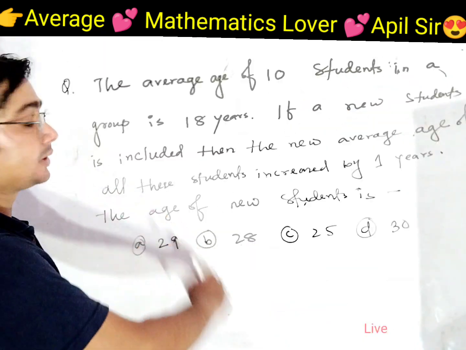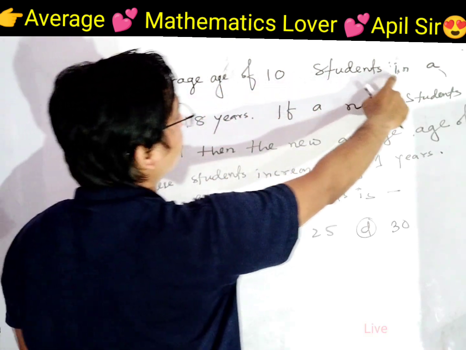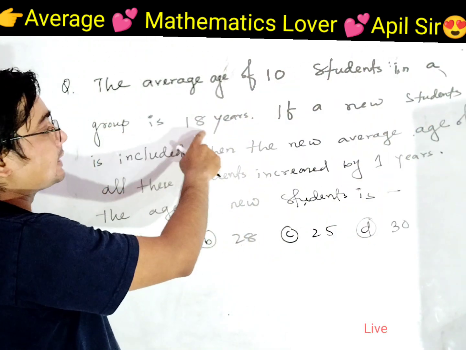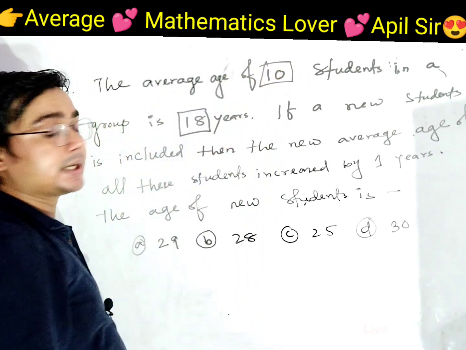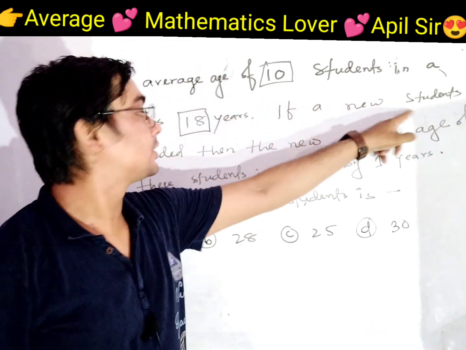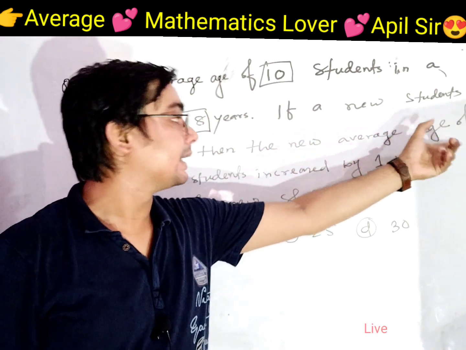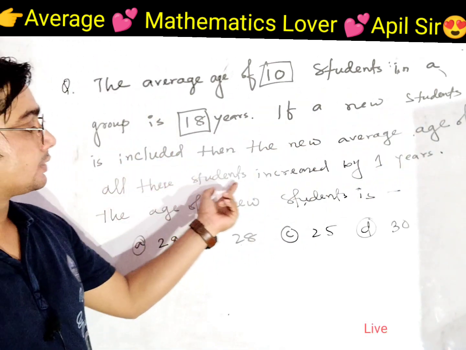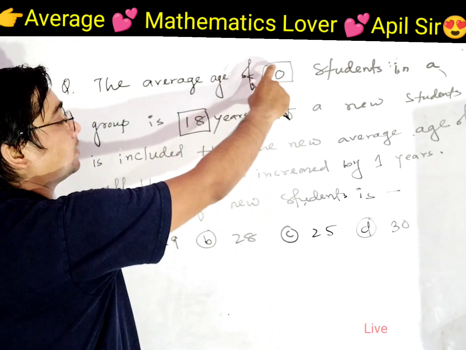Okay, so see this question. The average age of 10 students in a group is 18 years. So there are 10 students whose average age is 18. If a new student is included, then the new average age of all these students increases by 1.